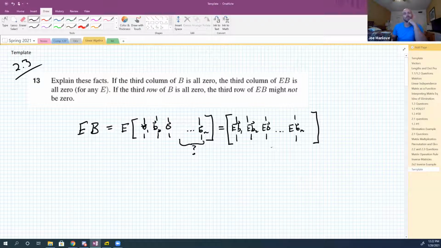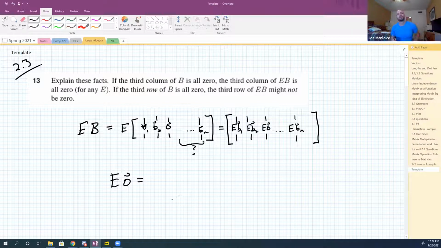So what's a matrix times the zero vector? Okay, so really this amounts to me needing to answer this question: E times the zero vector is something, right?